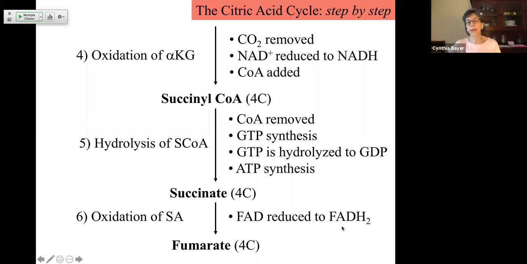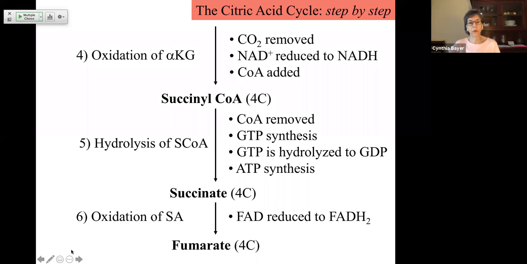FAD is flavin adenine dinucleotide. It's very similar in function to NAD+, which is nicotinamide adenine dinucleotide. So another electron carrier, carrying a pair of electrons away that have been extracted from our fuel molecule.